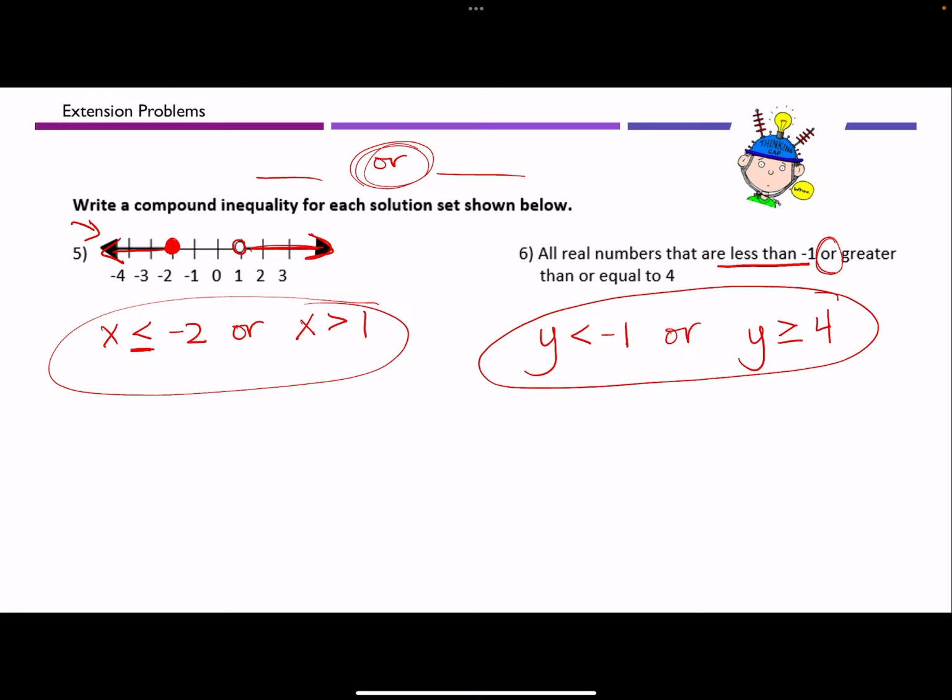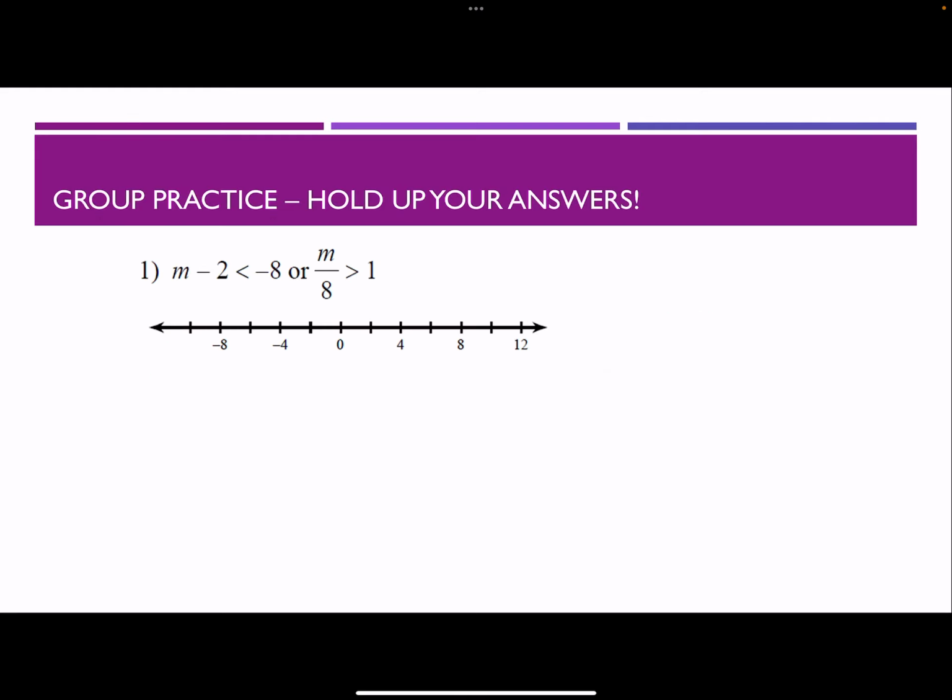And so those are compound inequalities, but specifically with the word or in the middle. We are going to talk about compound inequalities with the word and in the middle next time. So I'm just going to show you a couple examples, and I want you to maybe try these on the bottom of your paper, and you'll see the solutions too.